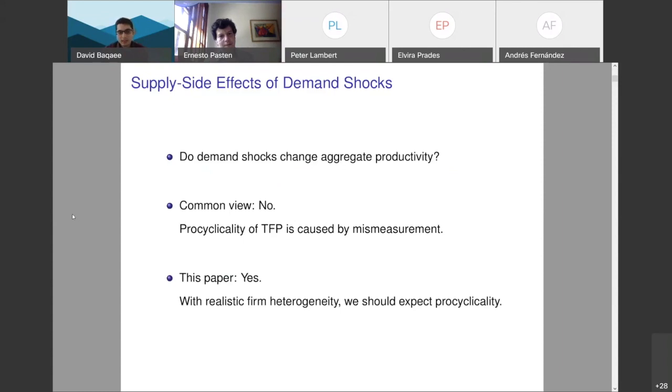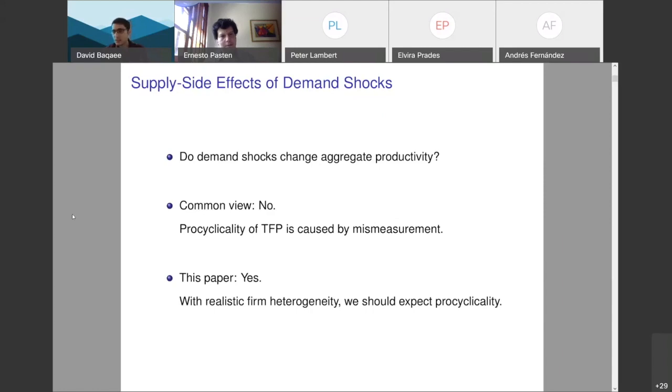Now, I think it's safe to say that the common, quote unquote mainstream answer to this question is no. The received wisdom is that the aggregate demand shocks hitting the economy are orthogonal to an economy's aggregate productivity, because the aggregate productivity of the economy is determined by the technology that we have. And the technology has nothing to do with things that are moving aggregate demand.